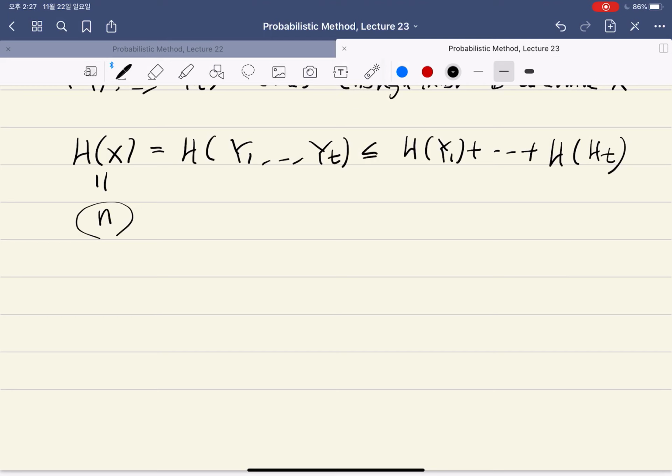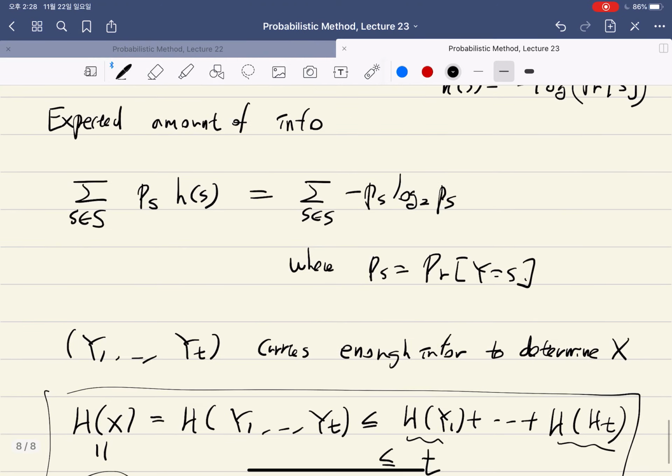And if we know that the entropy of each Y_i is at most 1, because, okay, we didn't really show it yet, but if we can show this, then this is at most t, so we get n and t. The t has to be at least n. So this is something that we want to do.